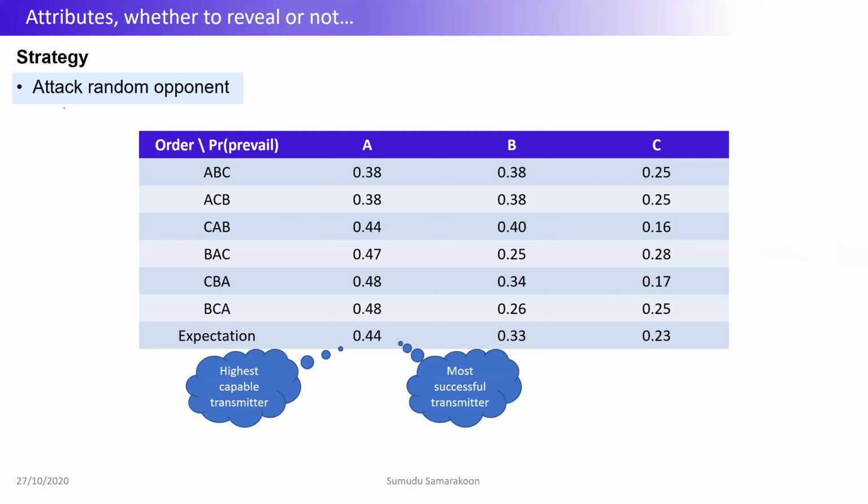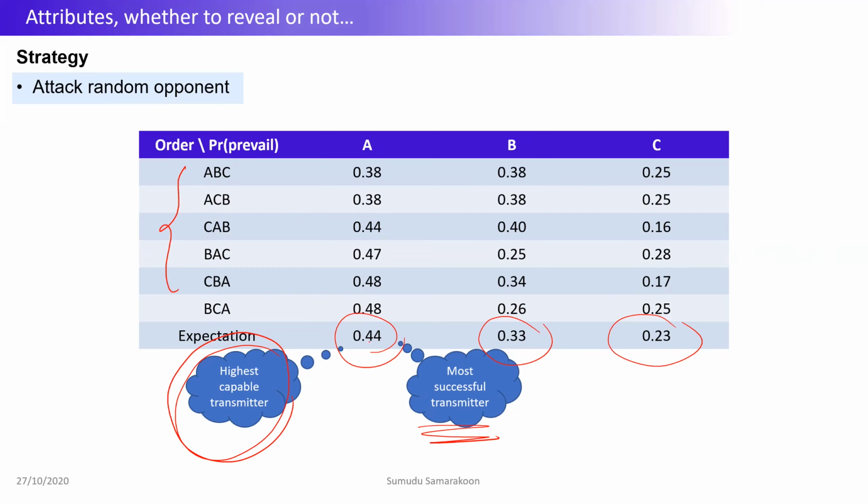When you pick a random opponent to attack, after all possible orders of attacking, if you take the expectation over it, A is going to remain with 44% probability, B 33, and C 23.